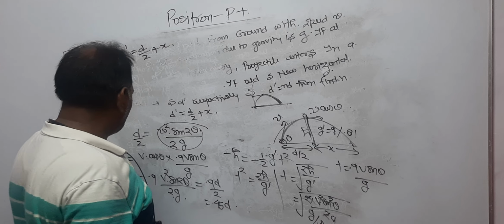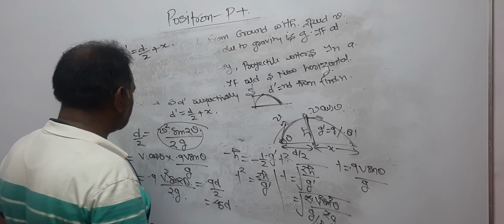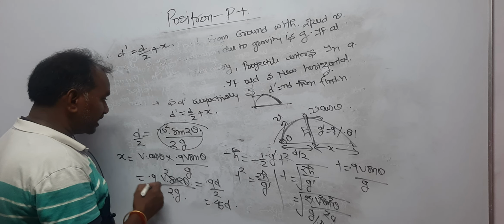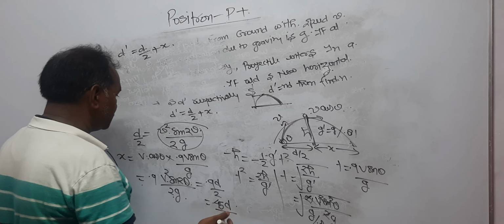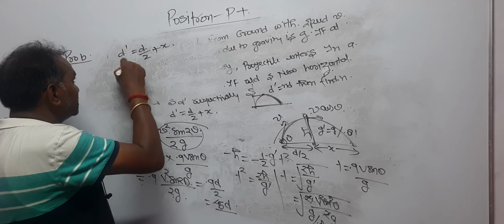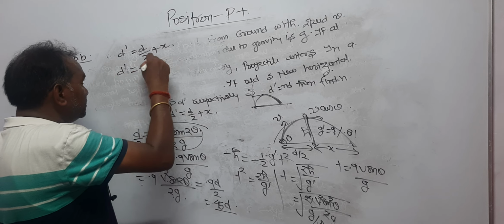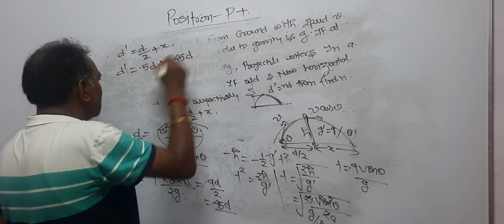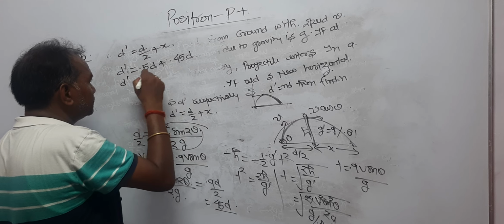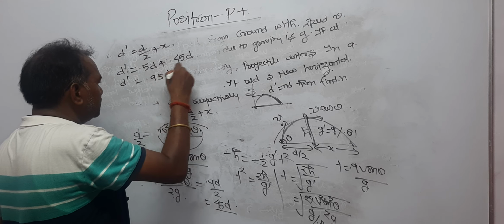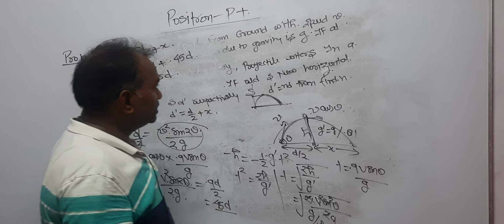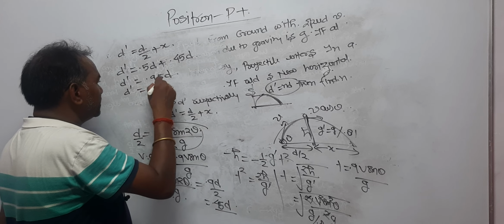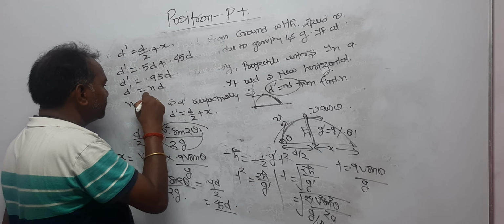I have written D by 2 plus x, and x in terms of D, so D dash is equal to 0.5 D plus 0.45 D. So it turns out D dash is equal to 0.95 D. Now, it is given that D dash is equal to ND. If you compare this, N is equal to 0.95.